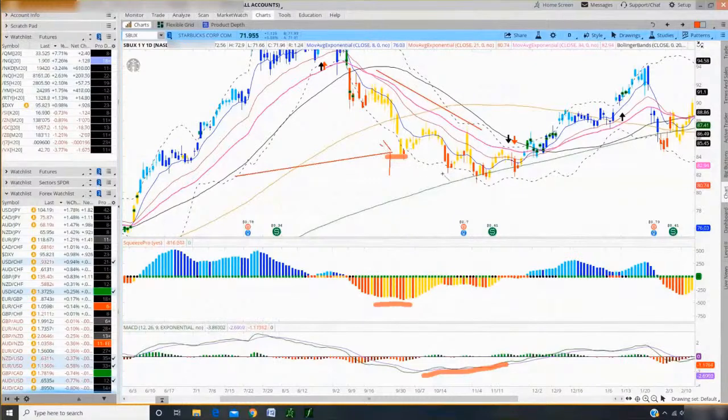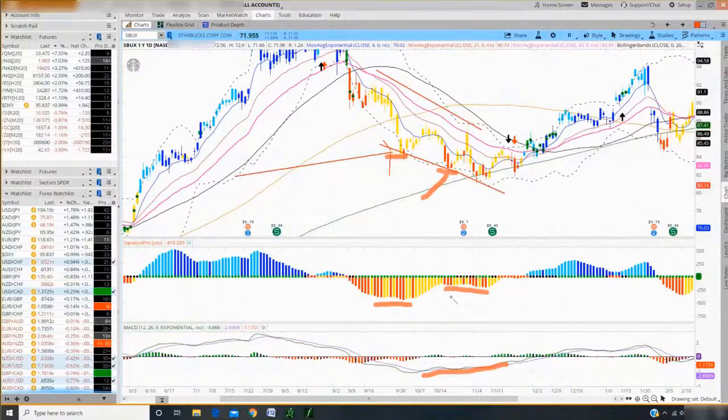If we take a look at price here, see that line that I drew? Price here is lower than price here. But start to take a look at this TTM squeeze momentum. Do you see how the momentum, okay, so this keeps going down. I mean, it doesn't mean that it's going to reverse right away, because again, we're still looking for a squeeze, but I want to show you this.